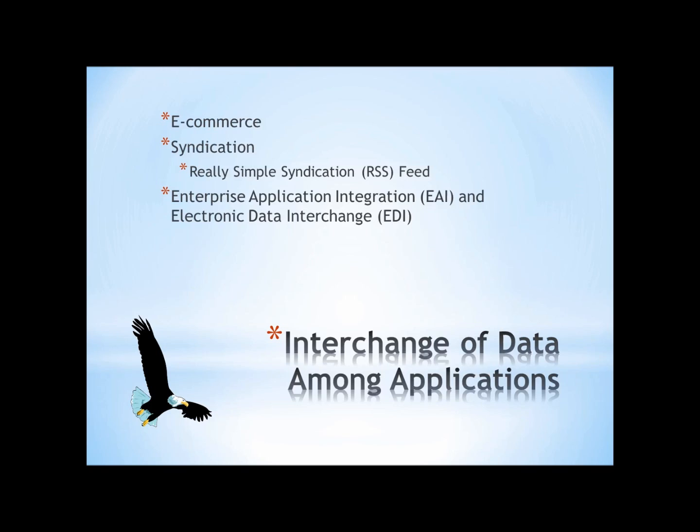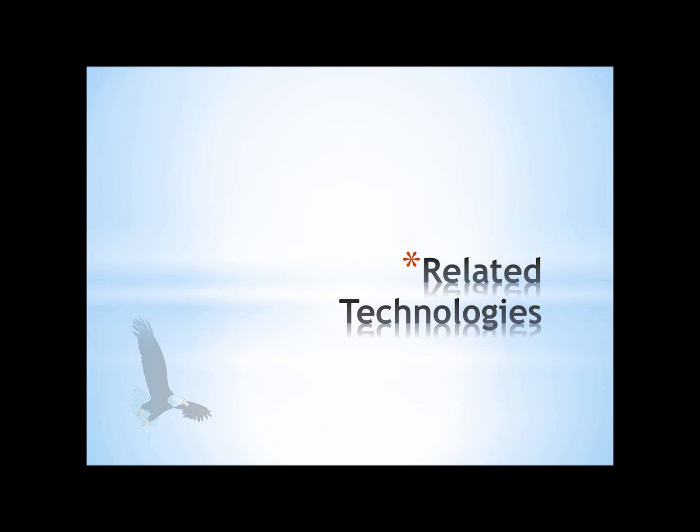There's also syndication, and if you know that orange button on some of your web browsers, the really simple syndication, or RSS feed, is used with XML formatting, and we'll be looking at that next week. And then sharing data between different kinds of applications, whether it's enterprise application integration or EDI, electronic data interchange. XML makes it very simple and clean. You don't end up losing data.